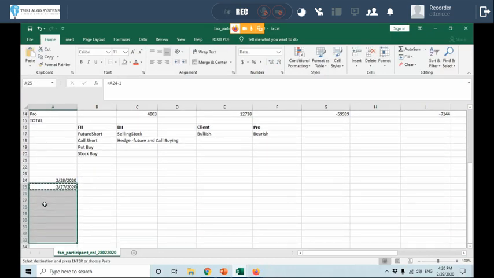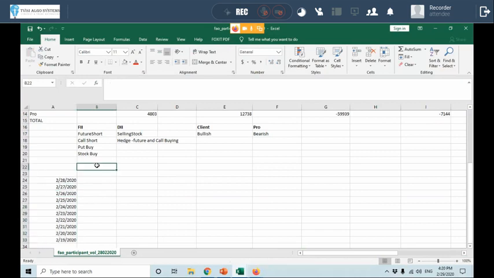Like that you go backward. This is FII's position. What is FII doing? In index future, in calls, in put. Then here it will be DII. Again, DII will have these 3 line items.